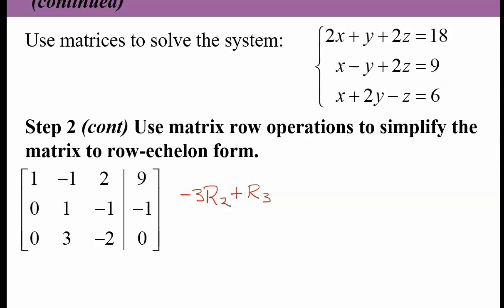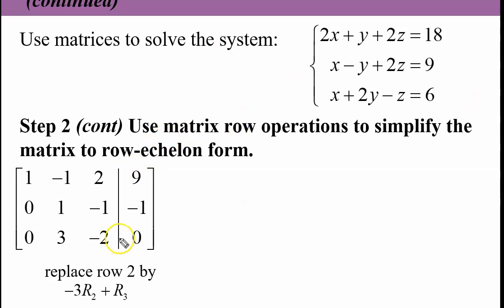If I can get my slides to change. So checking this out now, it's replace row 2 by multiplying a negative 3 right over here, and then adding it to row 3. So this is going to be 0.